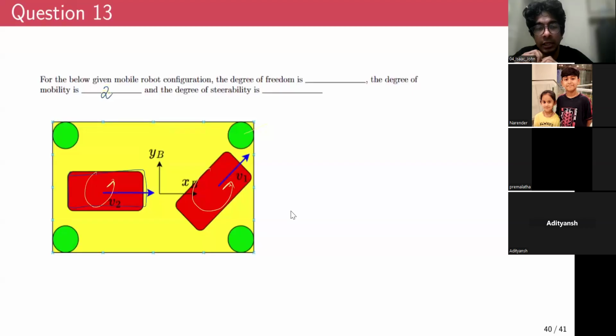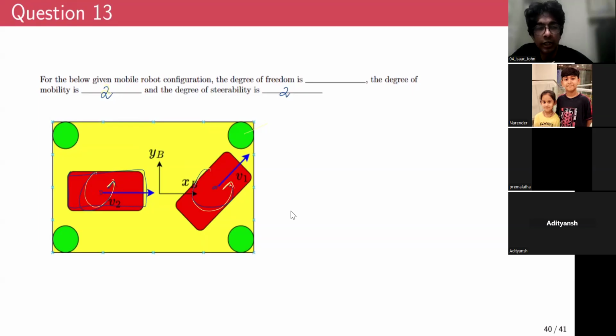And what is the degree of steerability? These two wheels can steer independently, about their own vertical axis. It's 2. That's also 2, yes. And what about the degree of freedom?